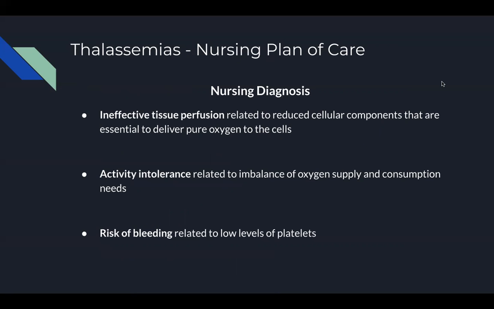Next one. For the thalassemia nursing plan, the major diagnoses are ineffective tissue perfusion, activity intolerance, and also risk of bleeding. Next one.